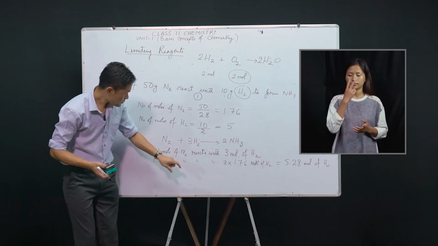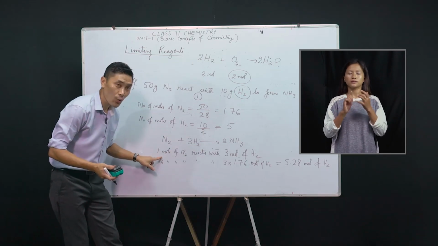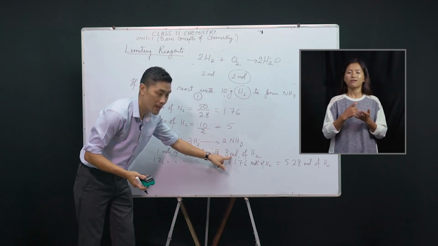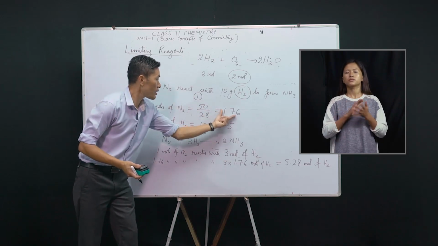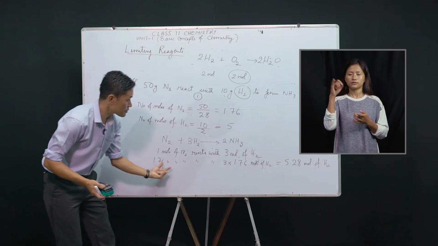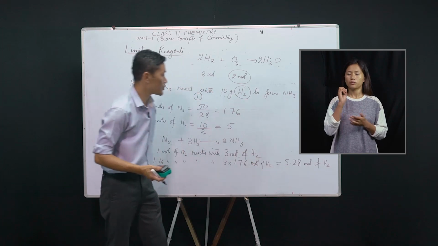Now see here, according to this balanced chemical equation, 1 mole of nitrogen requires 3 moles of hydrogen. Since we have this many moles of nitrogen in the reaction, this 1.76 mole of nitrogen will react with this 5.28 mole of hydrogen.